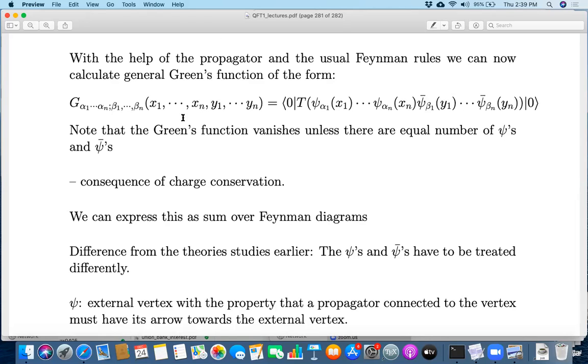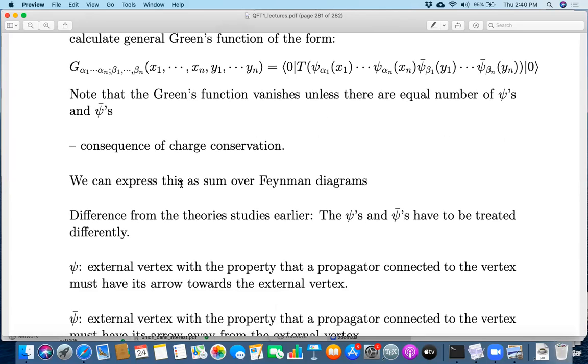And so the general Green's function will have this structure. By the same procedure that we did for the Klein-Gordon field, we can show that this Green's function can be evaluated by using Feynman rules, which basically means that you join these vertices by propagators in all possible ways, and you take the product of the propagators and sum up all the diagrams. So this is what I have said here: we can express this as a sum of Feynman diagrams.